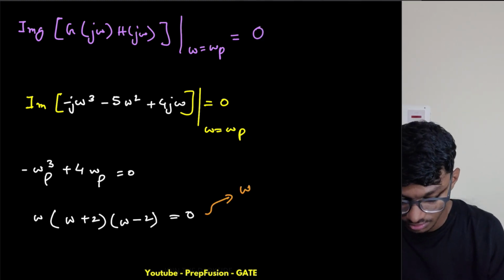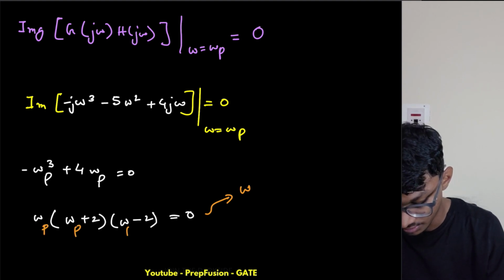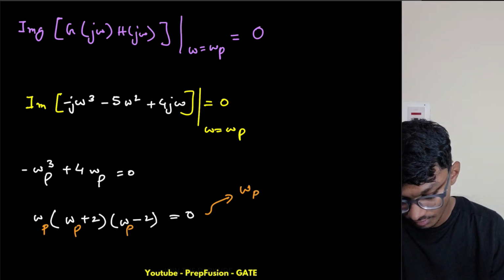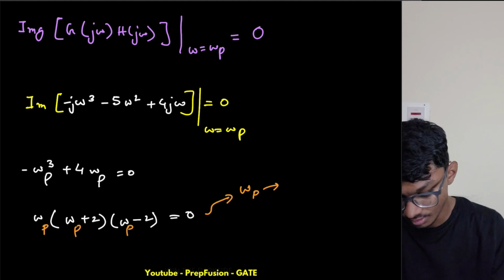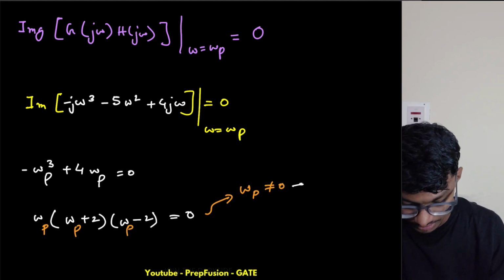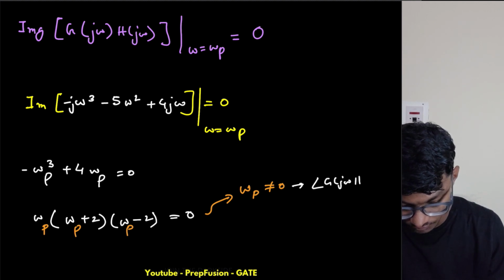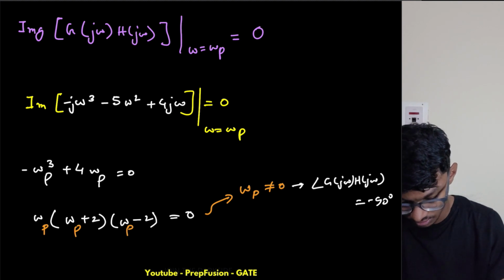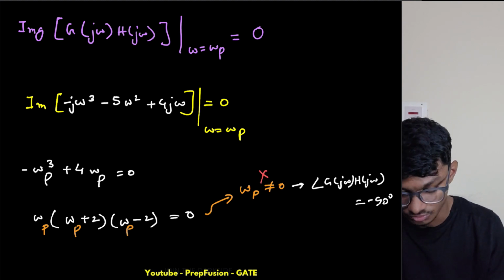Omega p basically can't be equal to 0, as at that the angle of H of j omega is minus 90. So that is not possible, so this is not a solution. We'll just cut this one.